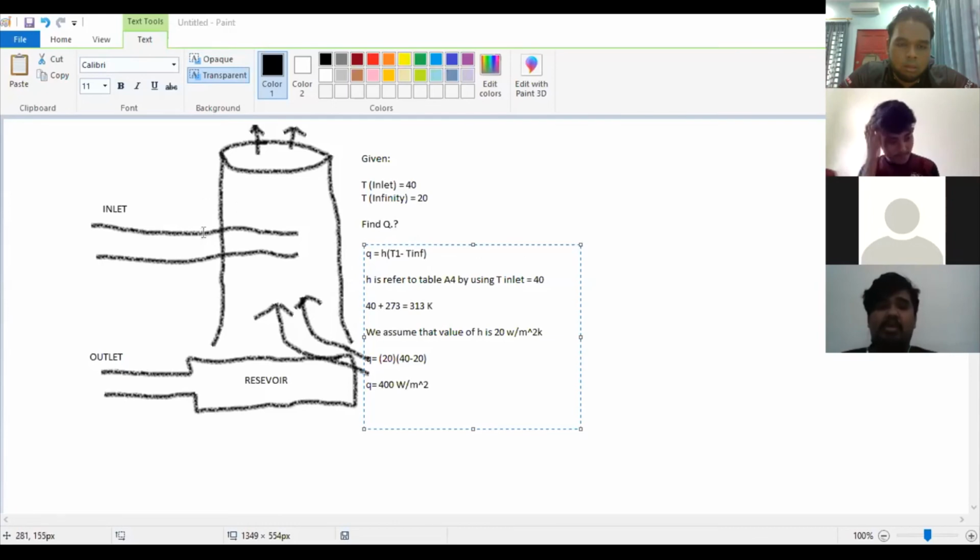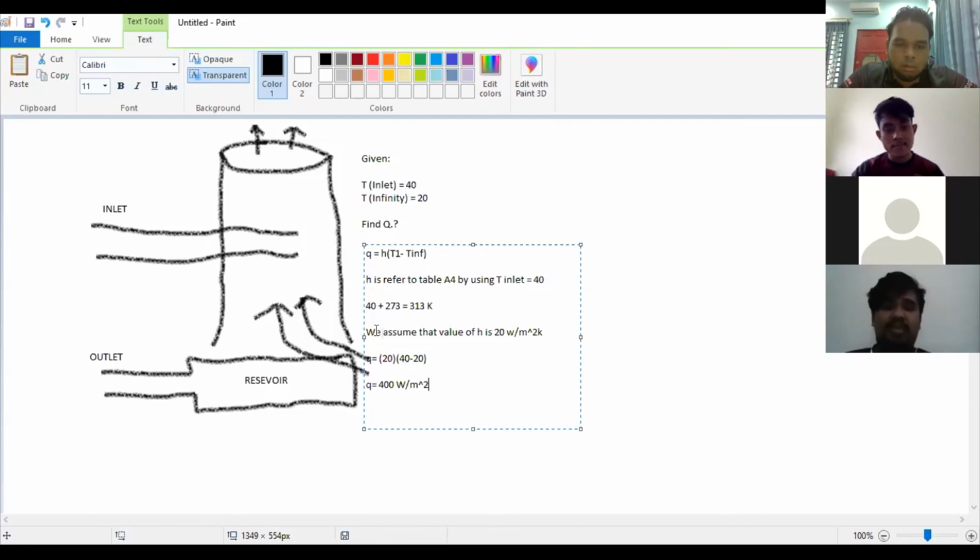So how can we find h? h refers to table A4. Sorry, table 1.1, which is the table of heat convection coefficients, where we can find h for gases in free convection and forced convection.